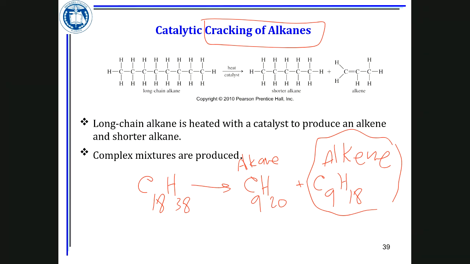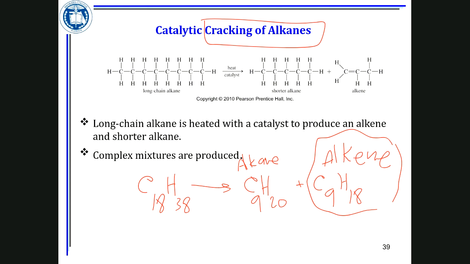So we learned about naming alkenes. We learned about preparation of alkenes. We learned about Hofmann and Saytzeff products. We learned about the E2 mechanism with anti-coplanar abstraction of the leaving group and the hydrogen from the adjacent carbon.